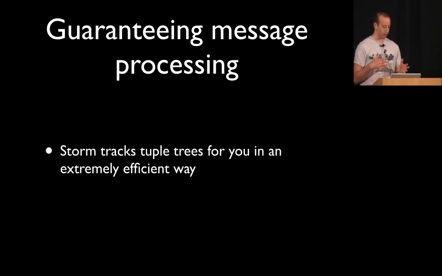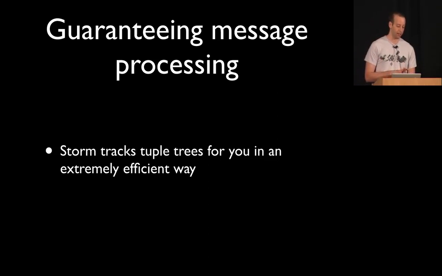So you might wonder, okay, how does it track these tuple trees? Isn't that going to be really memory intensive? What if you have tuple trees with like 1 million pending tuples, right? Is Storm going to have to track actually 1 million tuples? Are we going to have memory problems? Well, it turns out that you don't need to explicitly track the tuple tree to do this algorithm.